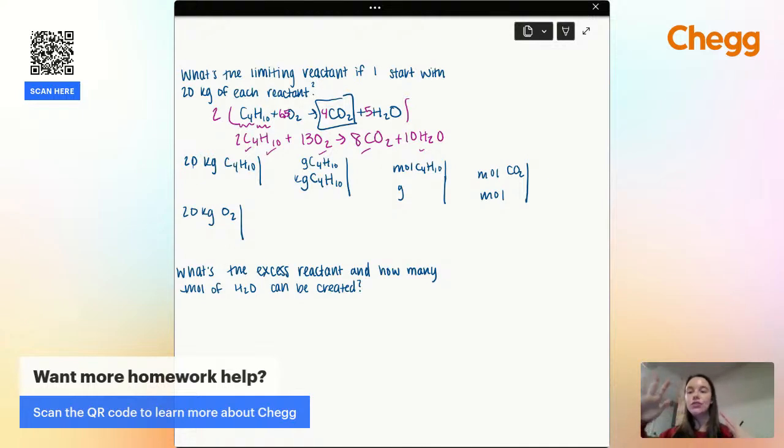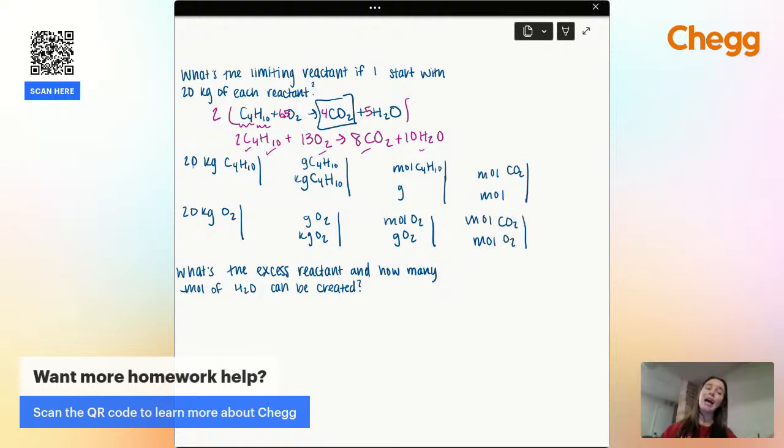That's what we're going to do for the top. Same on the bottom. We're just going from O2 to CO2. So kilograms of O2 on the bottom, grams of O2 on the top. Grams of O2 on the bottom, moles of O2 on the top, moles of O2, moles of CO2. I went through that a little bit quick. So any questions on why I did those steps specifically, let me know.